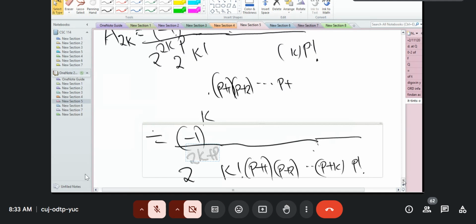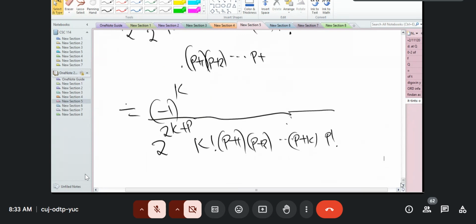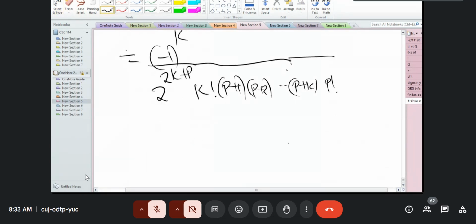I want us to look at the p plus 1, p plus 2, all the way up to p plus k term. If we read this backwards, if we start with p plus k, maybe I can just rearrange it.